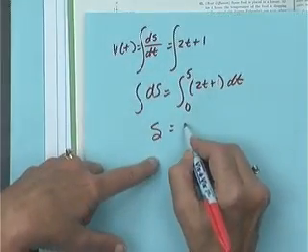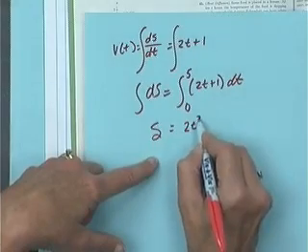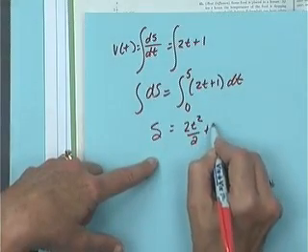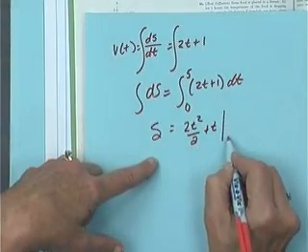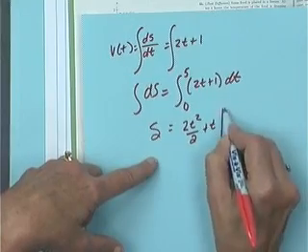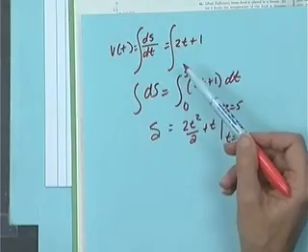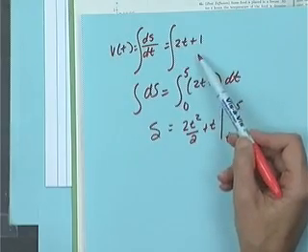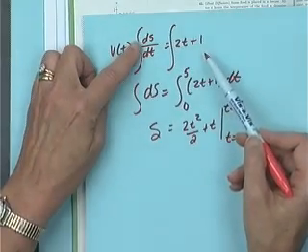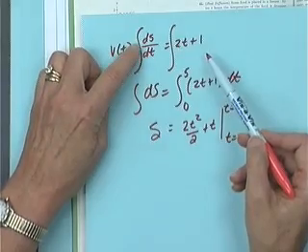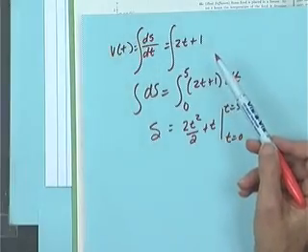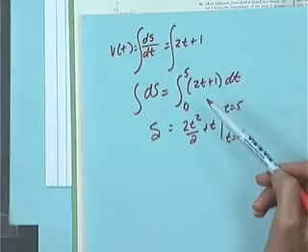So when I integrate, I get 2t squared over 2 plus t evaluated from t equals 0 to t equals 5. All right. Is everybody a believer that if I have the velocity function, which is the derivative of distance with respect to time, if I anti-differentiate velocity, I'm back to distance?